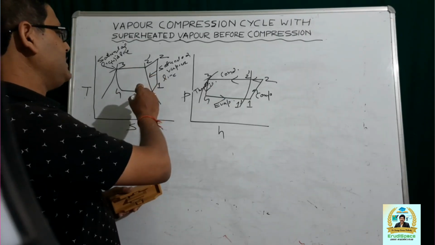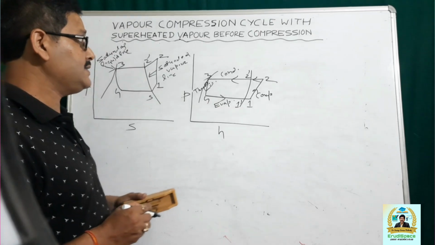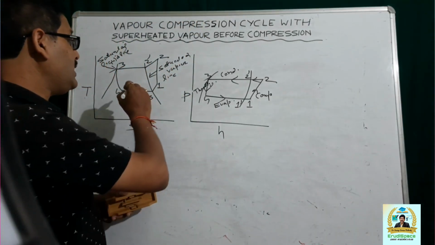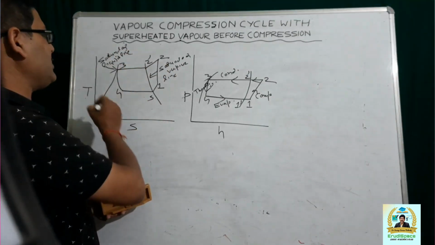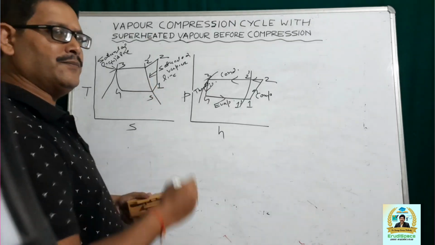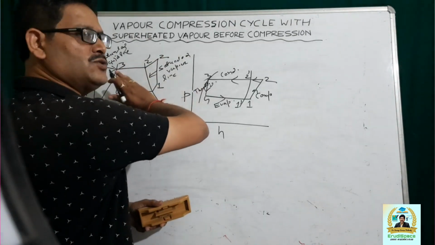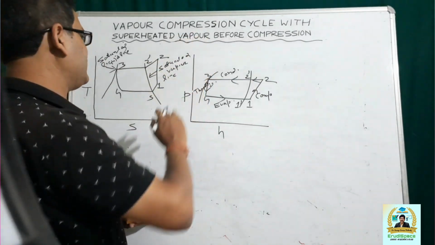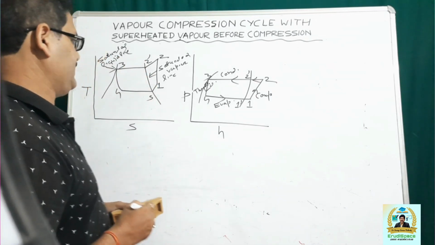The refrigerant enters the compressor at condition 1, and this is a condition where it is already in superheated state. This refers to your saturated liquid line, this refers to your saturated vapor line. Before this it is all liquid and after this it is all vapor. And we represent this as the superheated region, and this is a combination of liquid and vapor.